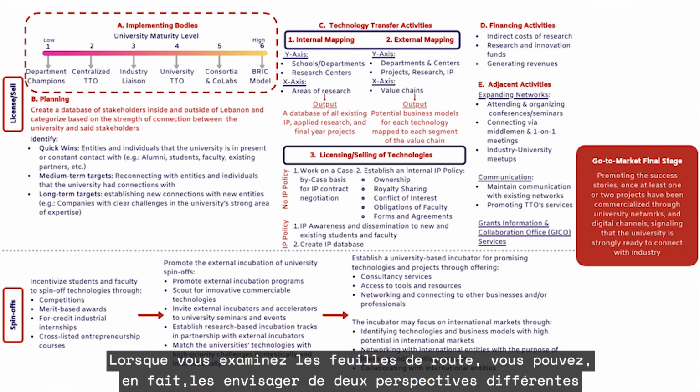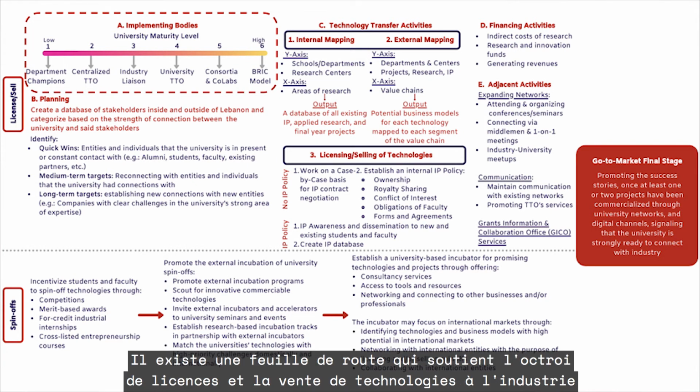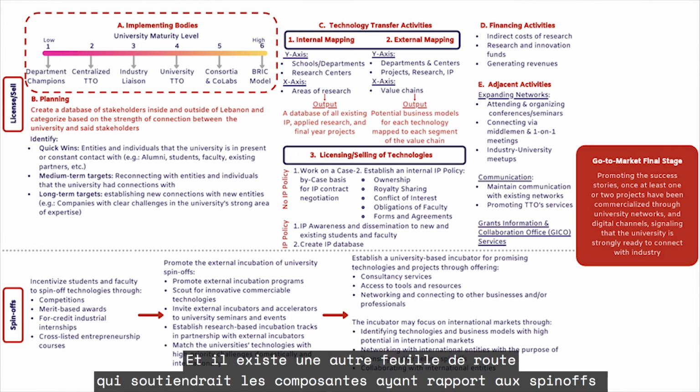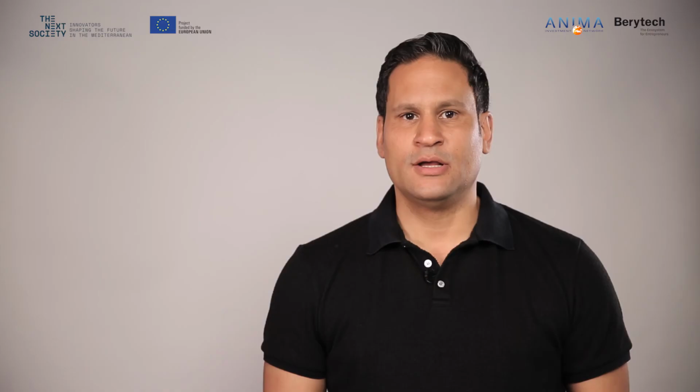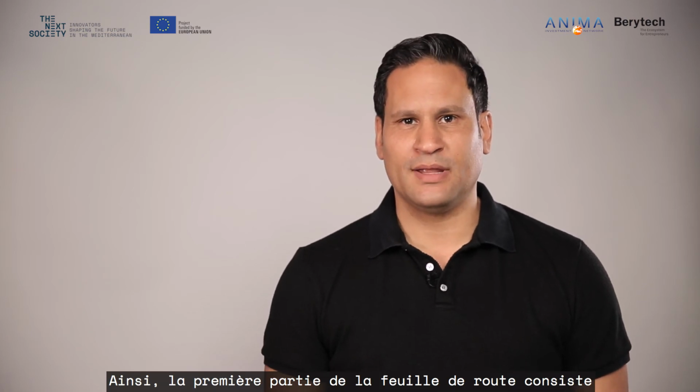Now, when you look at the roadmaps, you can actually think about it in 2 different ways. There's a roadmap that can support licensing and selling of technologies to industry, and there's another roadmap that would support the spin-off component of having startups coming out of universities. So the first part of the roadmap is identifying who are the implementing bodies when it comes to matchmaking between universities and industry.